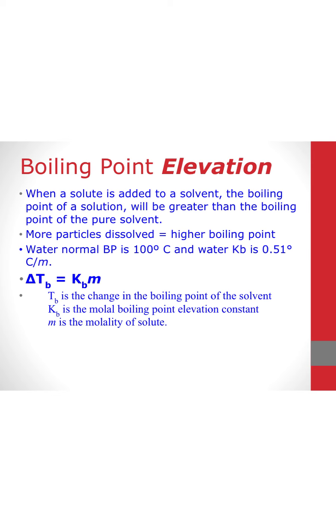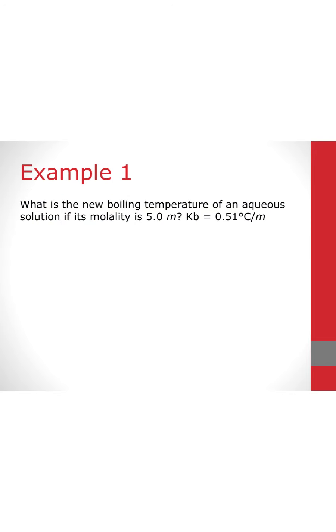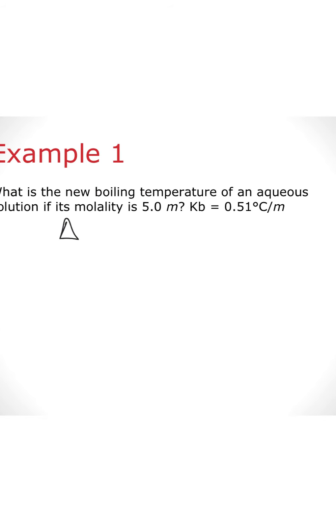So what is the new boiling point temperature of an aqueous solution? Aqueous means it's water-based, if the molality is 5. Okay, so we quickly go back here and we're looking over to the next one. Italicize m. I don't know delta TB and it's already by itself, so I can just plug things in.